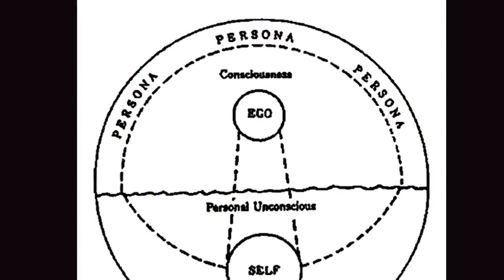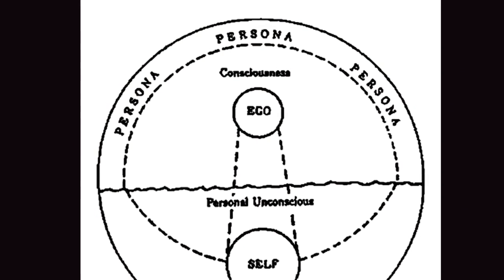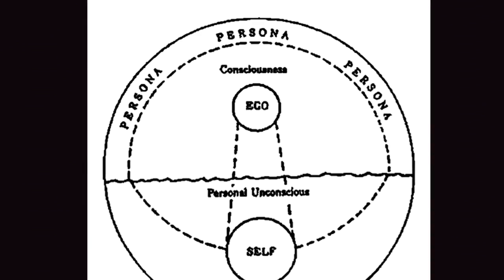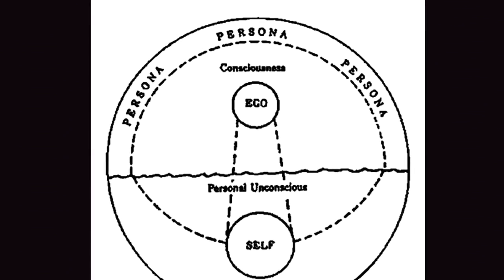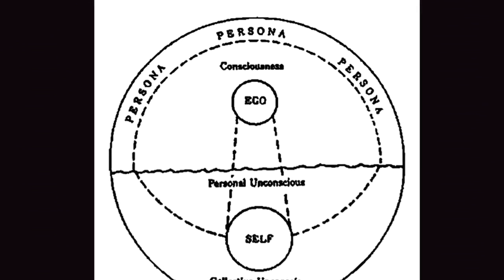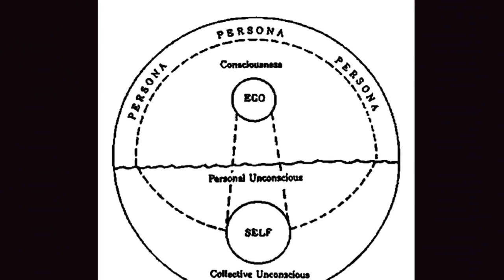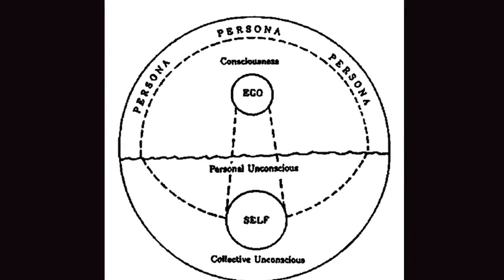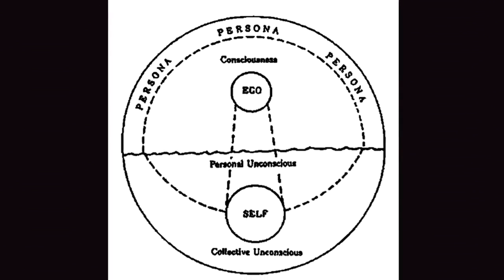Now, in addition to two types of individuation, there are also two essential stages to the process of individuation. The first stage is the task of the first half of life and involves the natural development of personality, social adaptation, persona, finding a mate, developing a work path, and finding one's place in society.